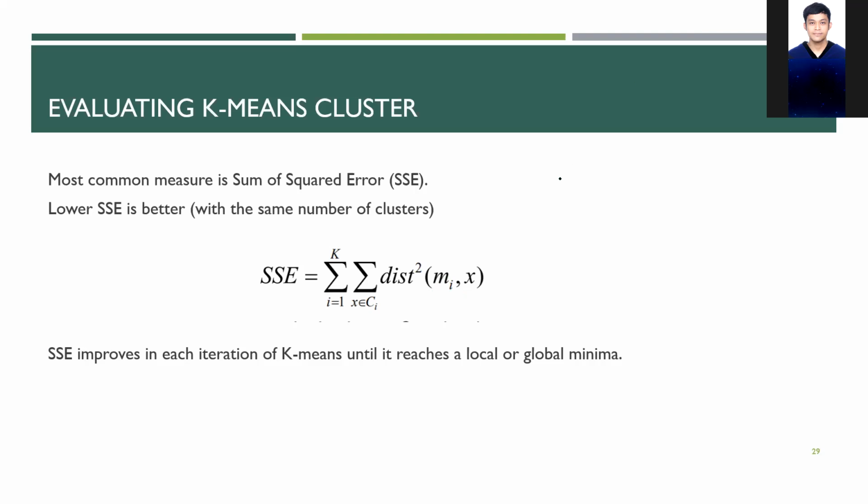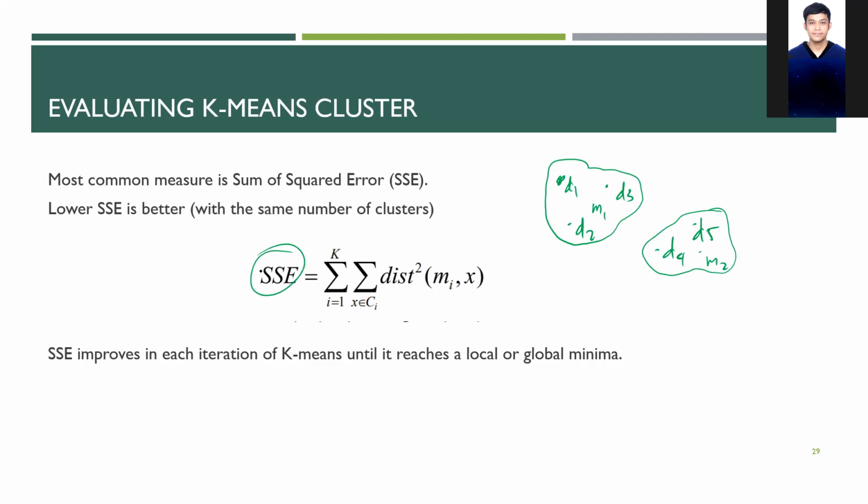For example, we have data 1, 2, 3, 4, 5, and we have centroid 1 and centroid 2. According to the clustering, 1 to 3 belong to one cluster, and 4, 5 belong to the other cluster.